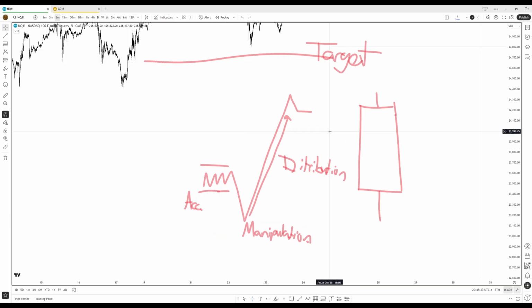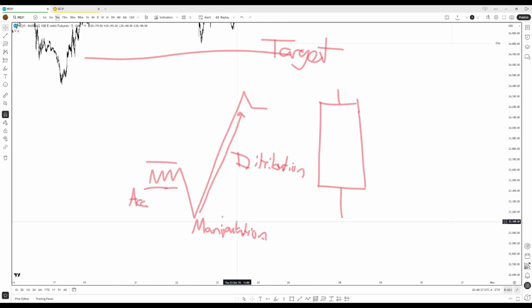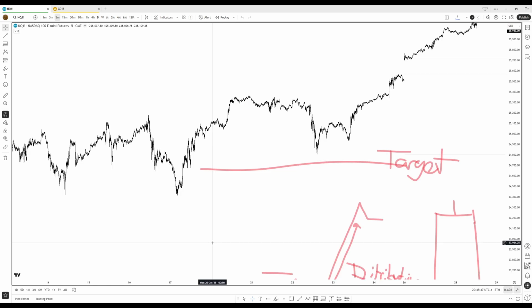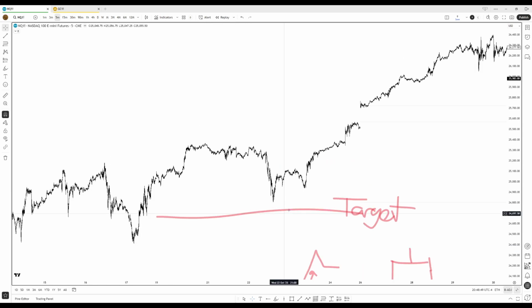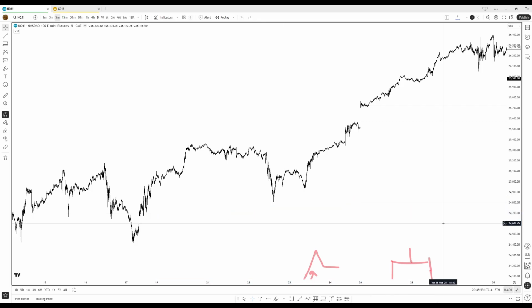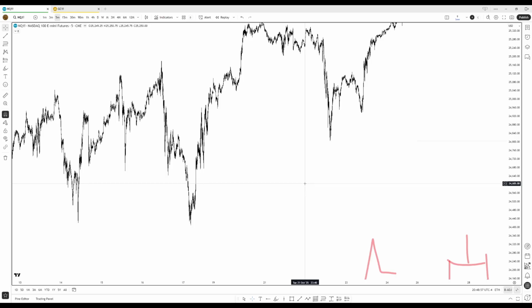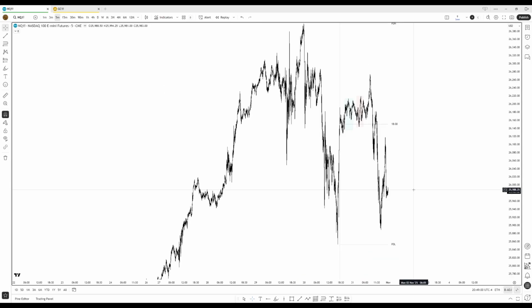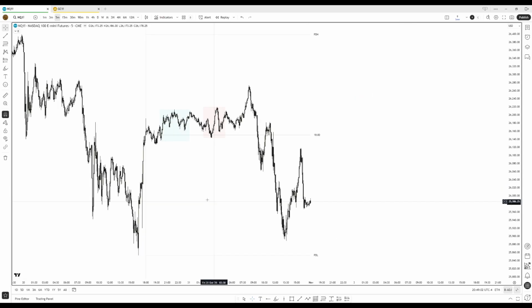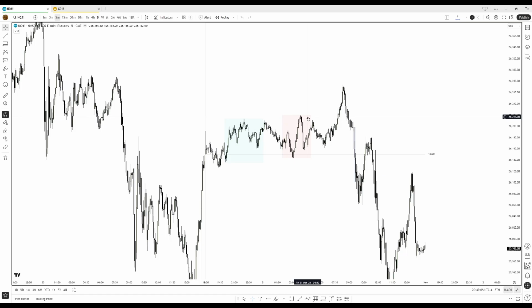So this is how price moves, right? Every day we have accumulation, manipulation, distribution. It's not perfect, but what we're trying to do is filter. We filter for the days that are perfect, and we take the opportunities that are laid out. Today was a good opportunity. Normally London is supposed to have the manipulation, but we didn't have it in London.